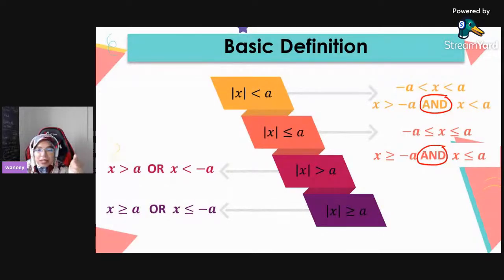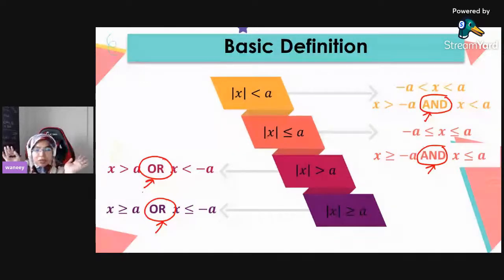So when we split them into two inequalities, we need to write down the word and. And then if we have absolute value of x greater than a, you should put more emphasis over here with the word or. So we got to have two different regions. And then since they are separate region, one on the left, one on the right hand side, we should use or. Okay, so that is just a brief recap.